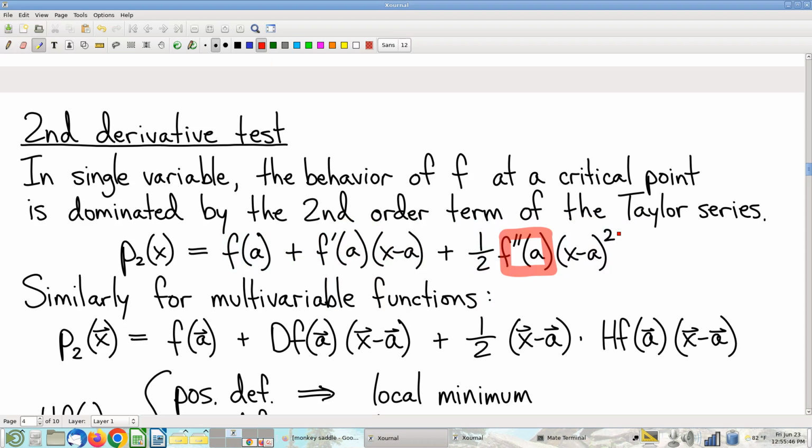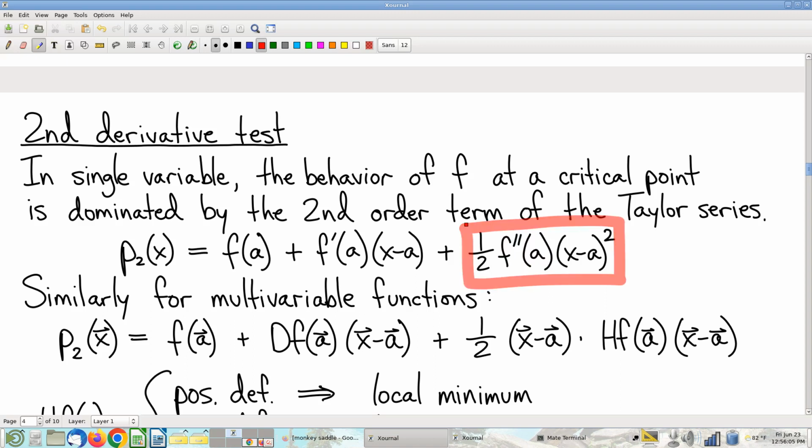Right, whether the second derivative is positive or negative. If it's positive, that means it's concave up. That means you have a minimum. If it's negative, that means it's concave down. It means you've got a maximum. Is everybody happy?